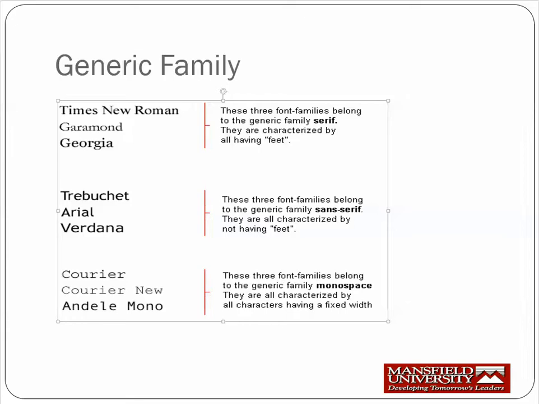But look at the sans serif in the middle. We don't have the small feet. So that's the difference between serif and sans serif. We also have monospace. It means that every character has the same space.